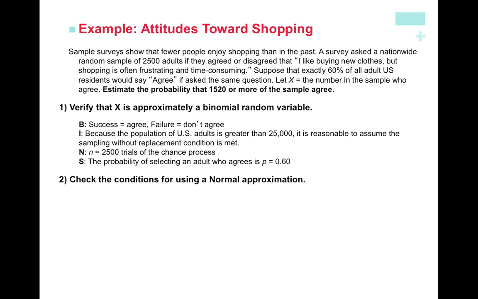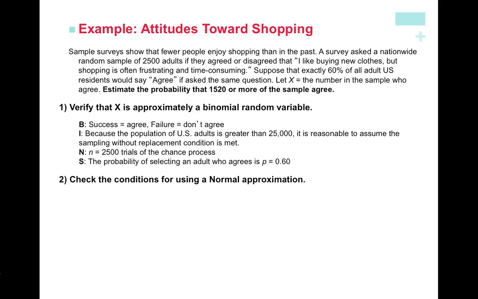Independent, so this isn't necessarily independent, but we're sampling 2,500 out of 25,000, so we can treat this as if the replacement condition is met. So we are talking about n being less than or equal to 1/10 of our population.